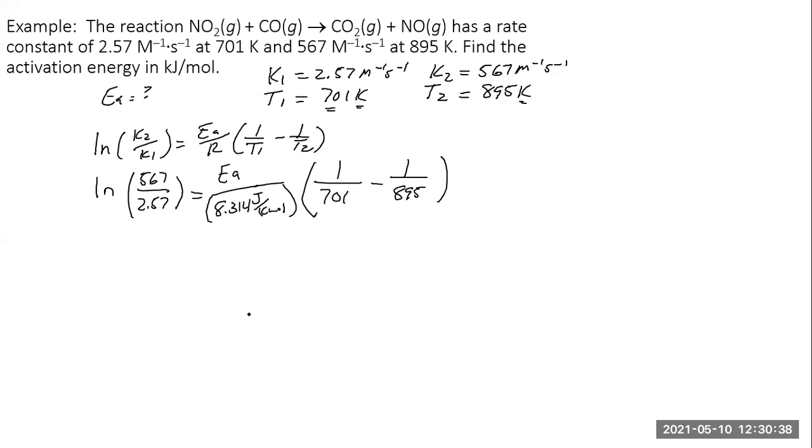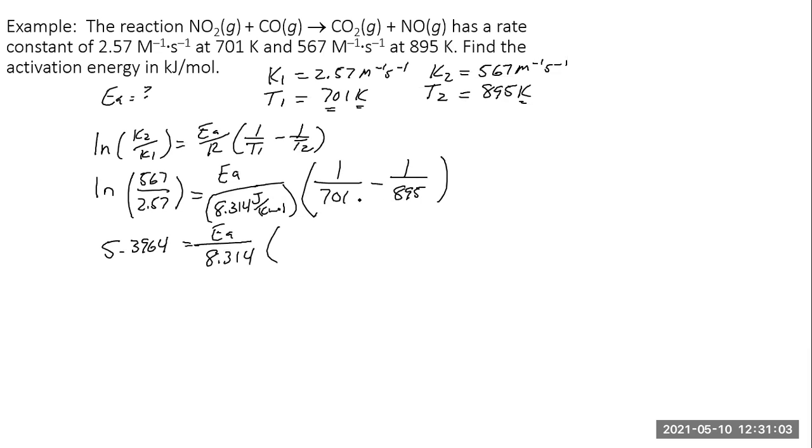All right, so I'm going to do a little bit of cleaning up here. We'll start on the left. I want to make sure that I don't mess up like a lot of people do. I actually want to divide what's on the inside first and then take the natural log of it. So if you do that, that is 5.3964, we'll call it, equals E of A over 8.314.